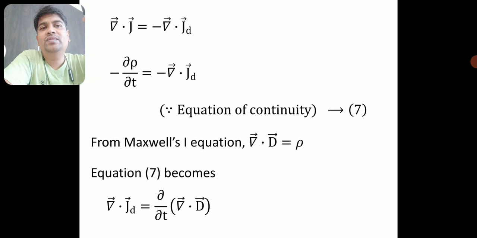So equation 7 becomes: divergence of JD is equal to ∂/∂t of, instead of ρ I am substituting divergence of D. So it is ∂/∂t of divergence of D. I am substituting divergence of the displacement vector as the charge density in equation 7. So I have got a modified equation 7.